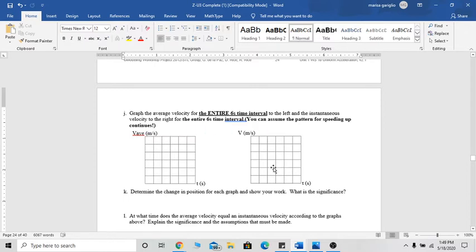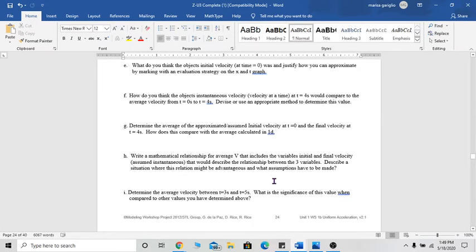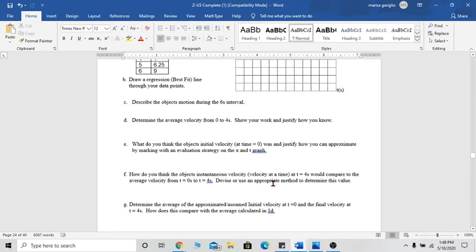And then over here, for your instantaneous velocity, if I remember correctly, let me look back here, I think it asks you to figure out your instantaneous velocity at 4 seconds.